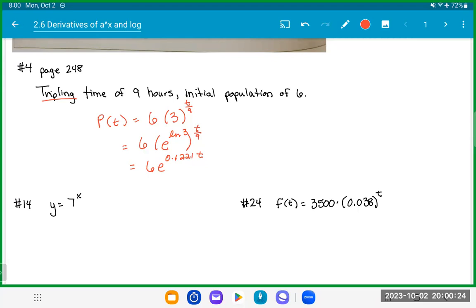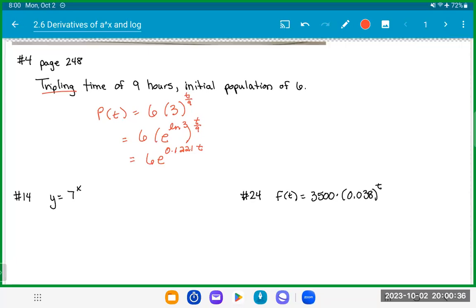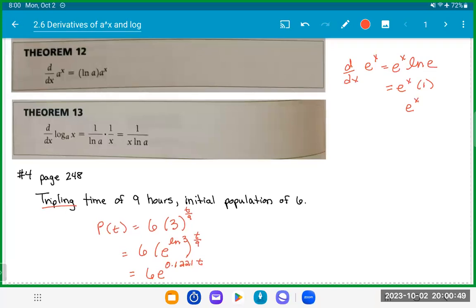Then for number 14 and number 24, we really just want to differentiate. The first one is probably one of the simpler ones. We can use theorem 12 as a refresher: when we're taking the derivative of a raised to the x, that's really just ln of whatever a is times a raised to the x.